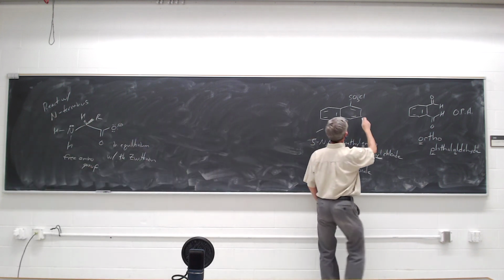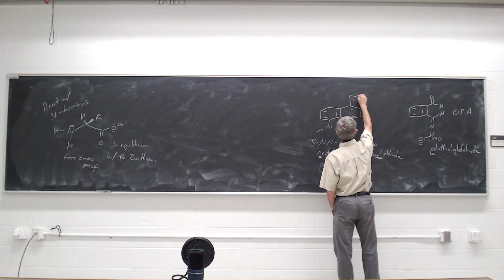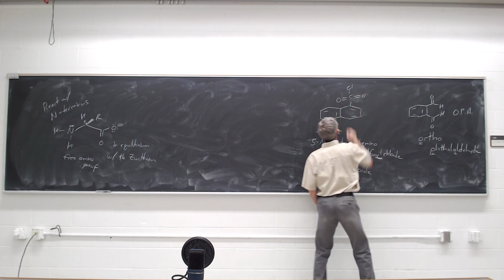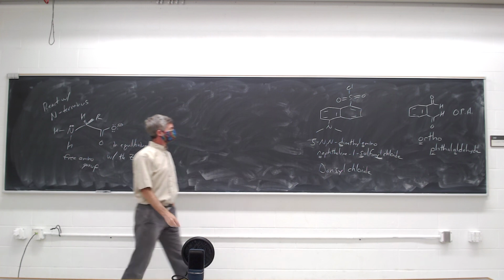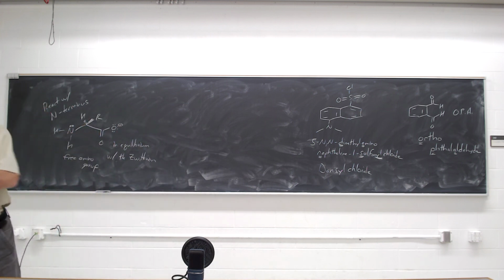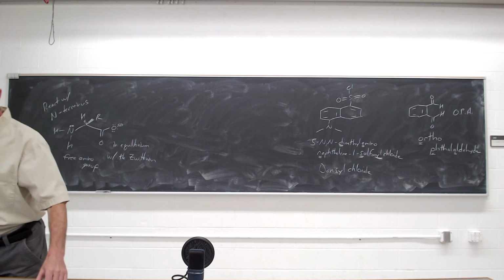And both of these reagents have the ability to react with amines, but the mechanism by which they react with those amines is going to be different in those two cases.